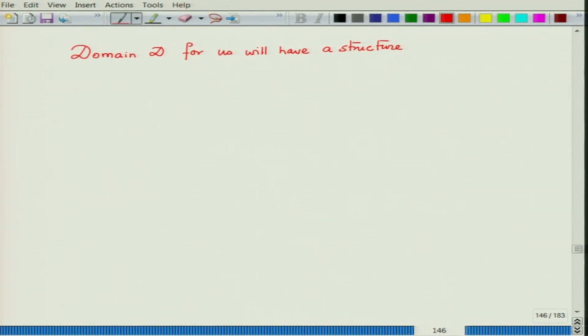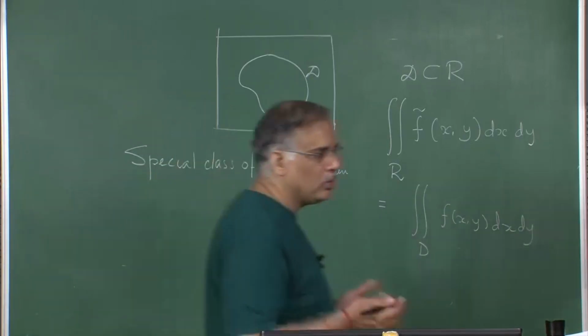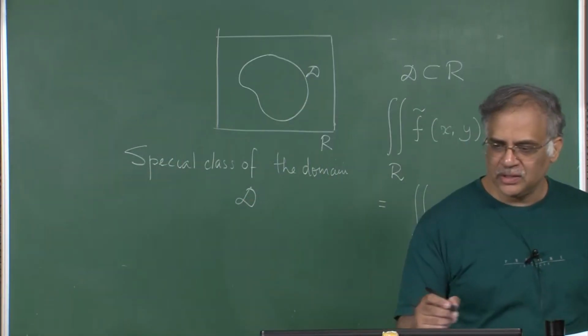So, we will have three kinds of domain Ds. So, one is type 1, one is type 2, one is type 3. So, let me write down what are the three types of domains.